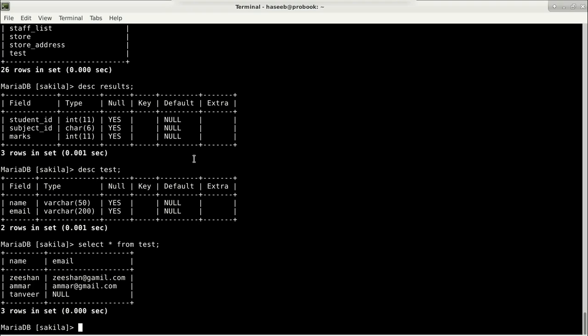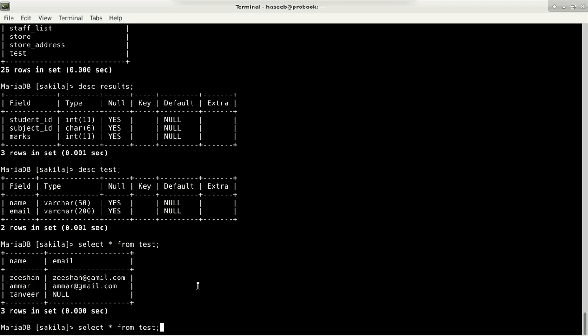So let's say the requirement is that if the person has entered an email address, or the email address is available in the database, that email address should be displayed. And if the email is not entered, instead of displaying null, it should display not provided. So instead of this null value in the results, I want the words not provided here.